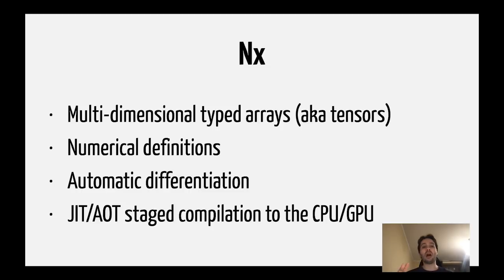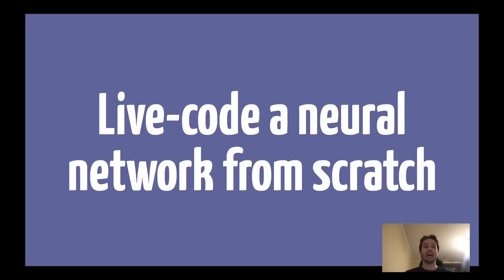In order to show how those things work, we'll live code a neural network from scratch. Now is a good time to make one disclaimer: sometimes I'm going to gloss over the neural network details.